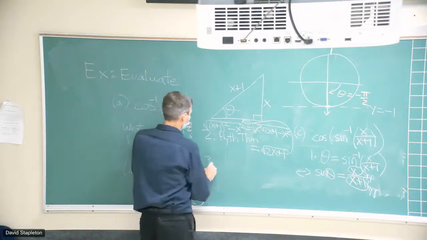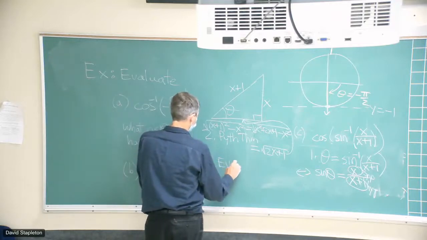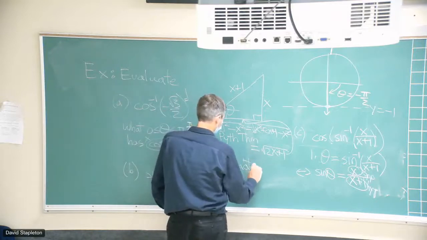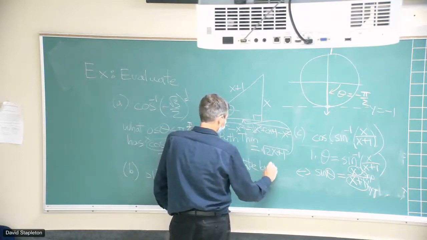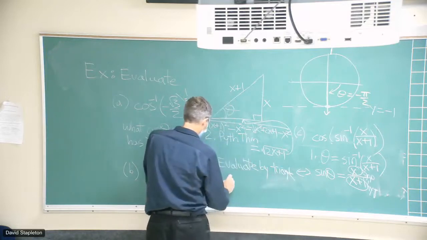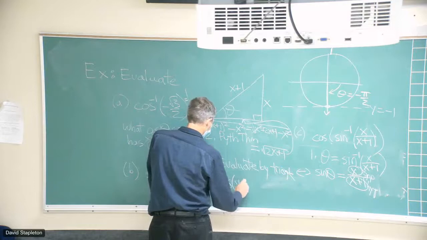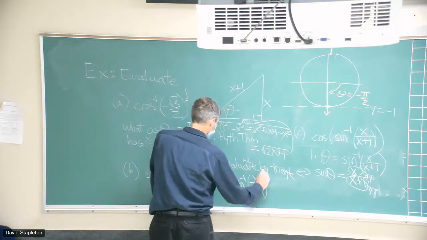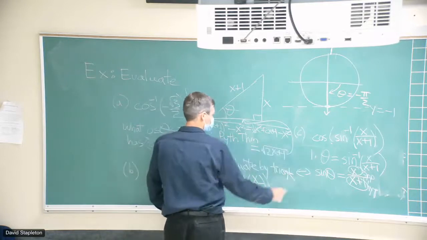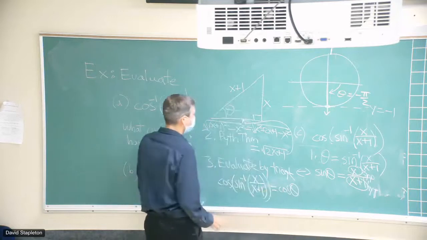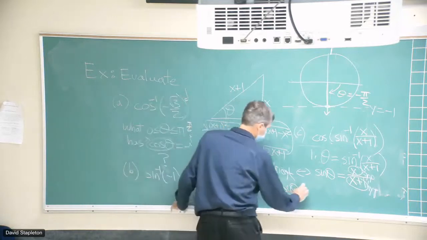And now, in step 3, you evaluate using the triangle. I want the cosine of the arc sine of x over x plus 1. But because I made theta the arc sine, this is just cosine theta. Cosine is adjacent over hypotenuse, right?